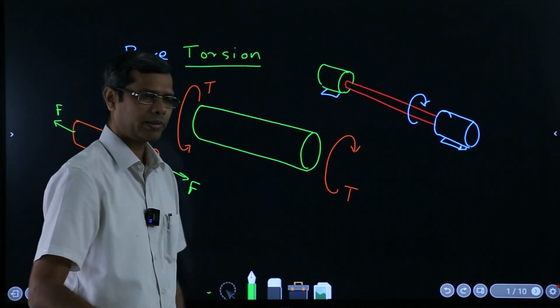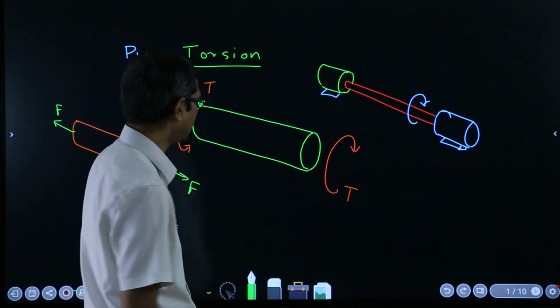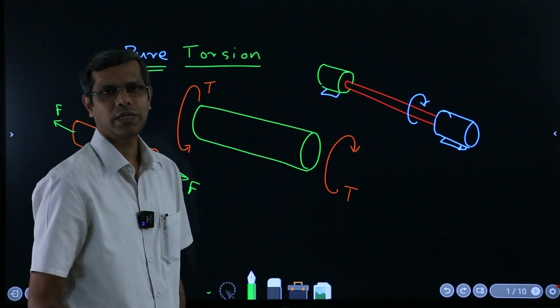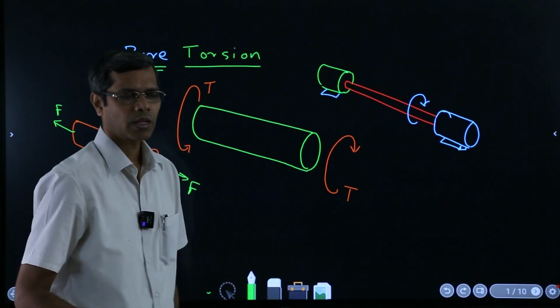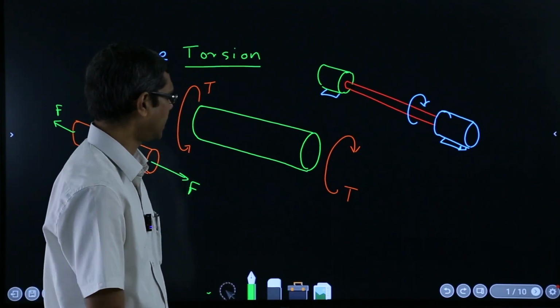If that is the basic configuration of the force and the geometry, then what sort of stresses do you think will be produced in this body?